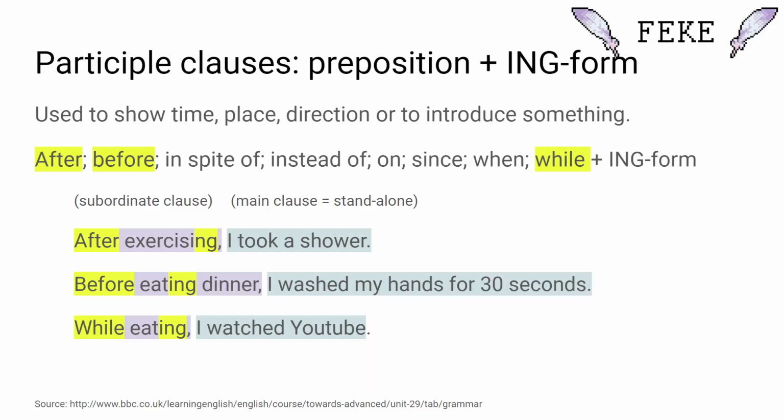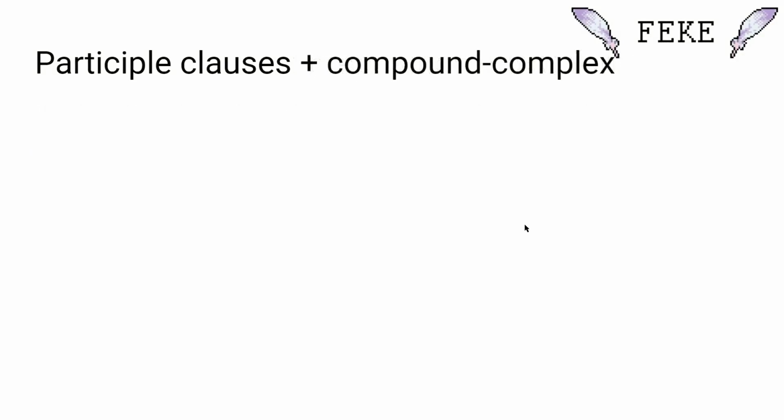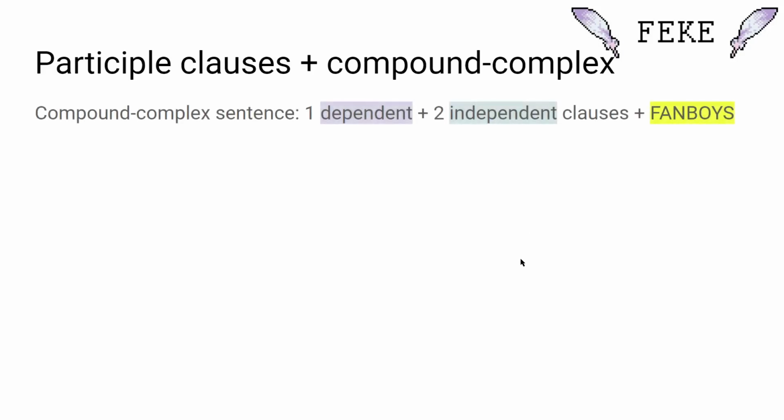Now, I'm going to take this and increase the complexity slightly, combining it together with compound complex sentences. We have learned that we create these compound complex sentences by joining together two independent clauses, one dependent clause, and a fanboy.